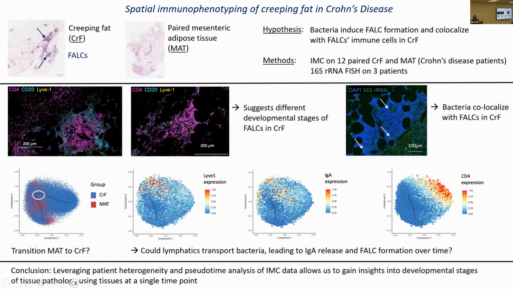And then at the very end of the trajectory in the creeping fat cluster, we saw expression of CD4, for instance. And so overall, suggesting that during this MAT to creeping fat transition, we could have lymphatics transporting bacteria, leading to IgA release, and then over time, an adaptive immune cell response with FALC formation in the creeping fat.